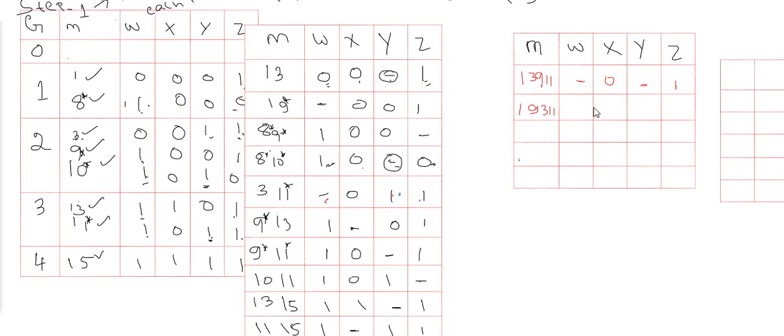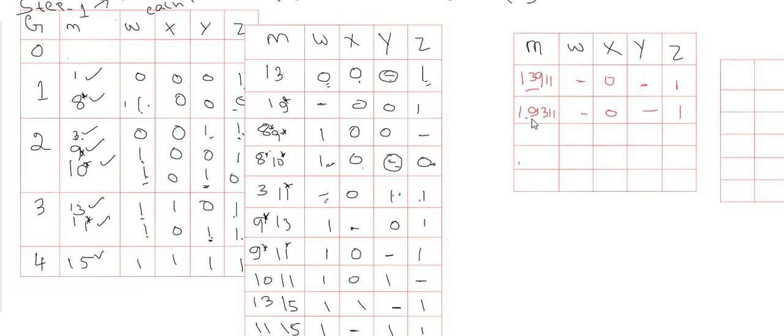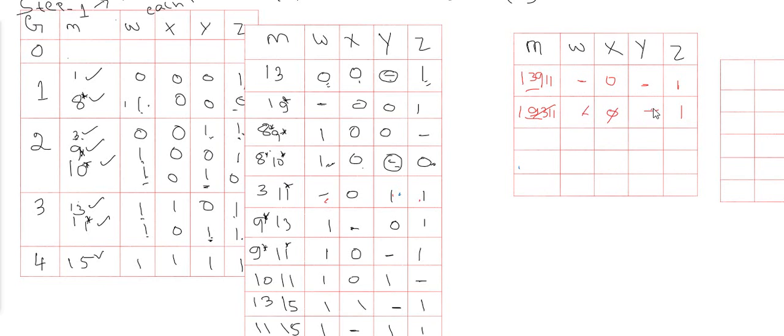If you compare this one, it also comes as dash 0 dash 1, and this is the duplicate version of the above part. Here 1, 3, 9, 11 is similar to 1, 9, 3, 11, so this portion is not required. You can cancel out this portion. So we will move on to the next part. 1, 9 is dash in w, so nowhere else is it present.